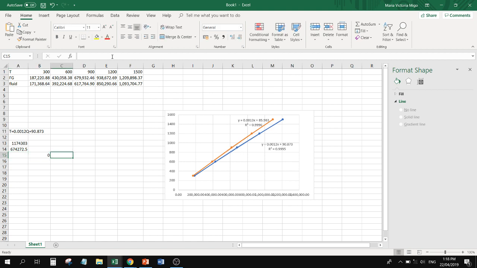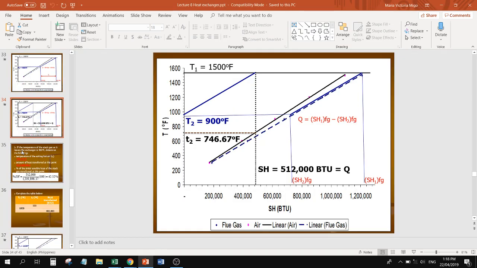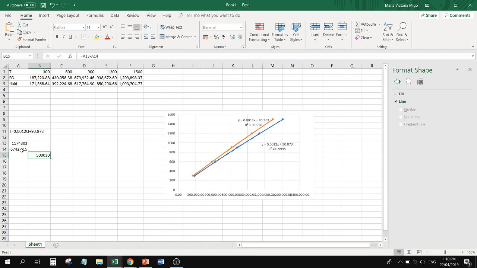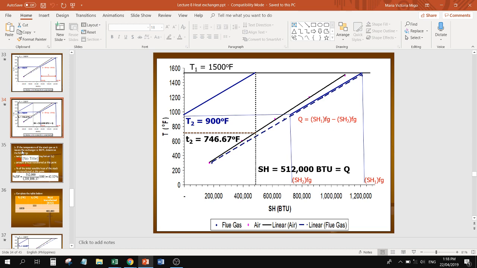So you subtract the two, equals, okay, so is it near? 500. So this one 512,000, that one is 500, but this is more accurate. Okay.